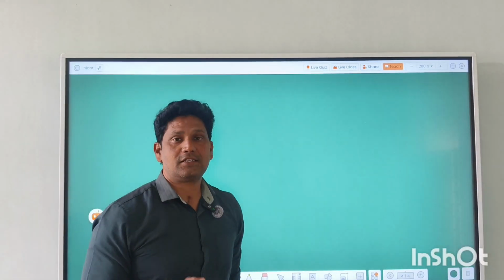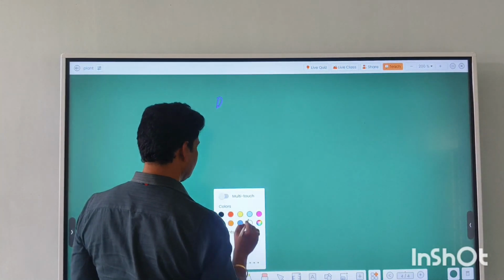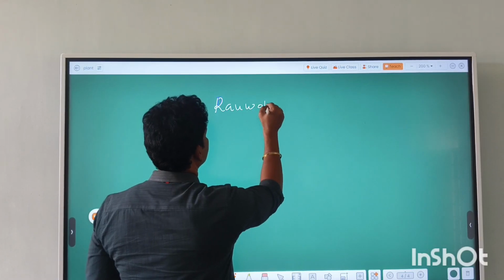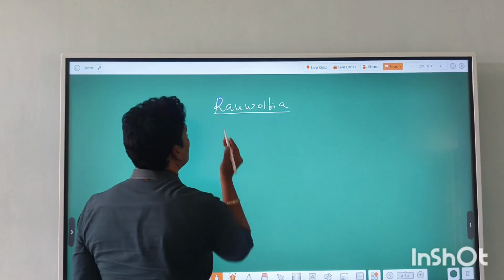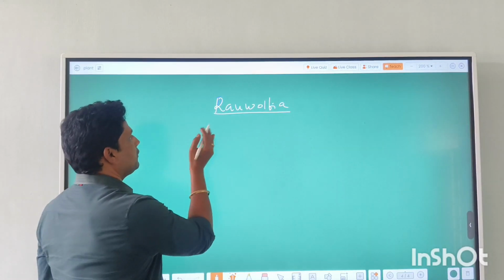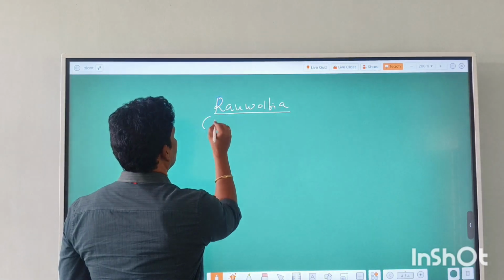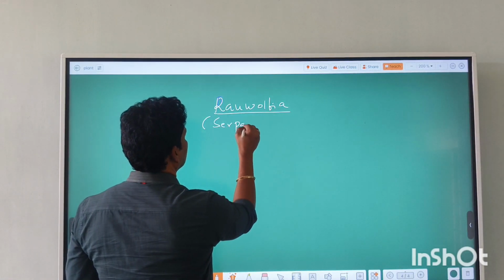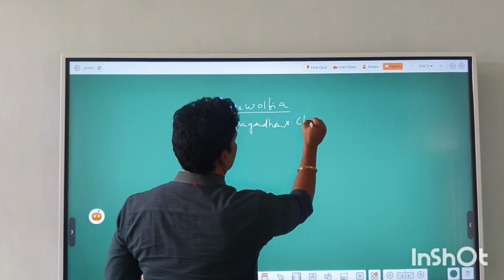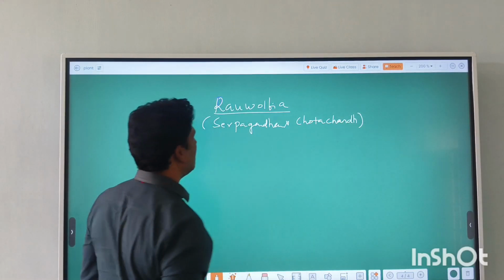So the next drug is Rauwolfia. Rauwolfia is also an indole alkaloid. Synonyms of Rauwolfia are Sarpagandha and Chota Chand.